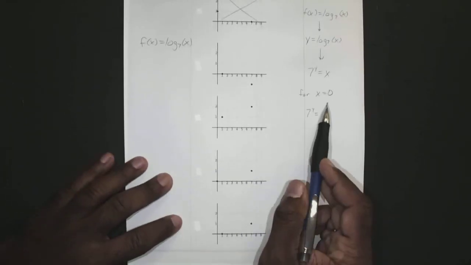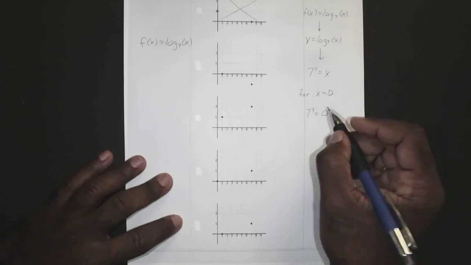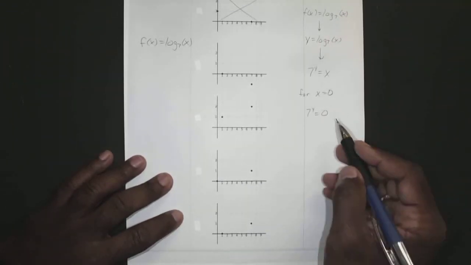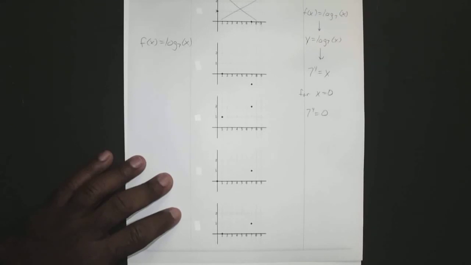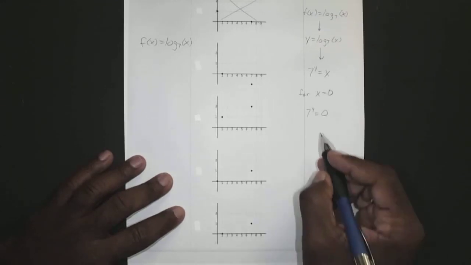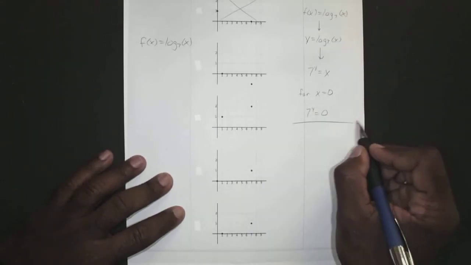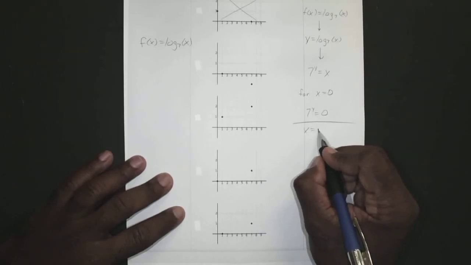Here, when x is equal to 0, you pretty much don't have an option. So you know no x equals 0 will give you a graph. So let's say when x is equal to 1.